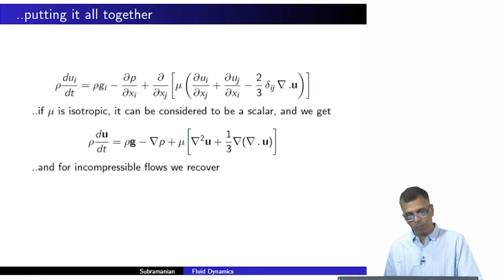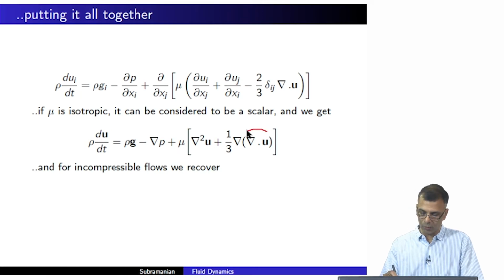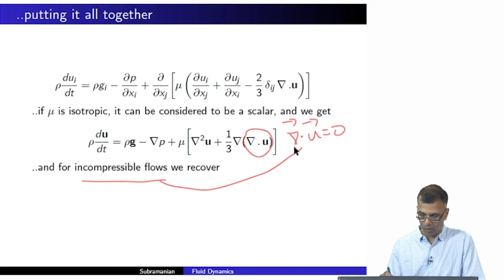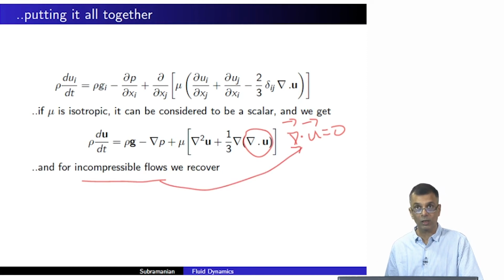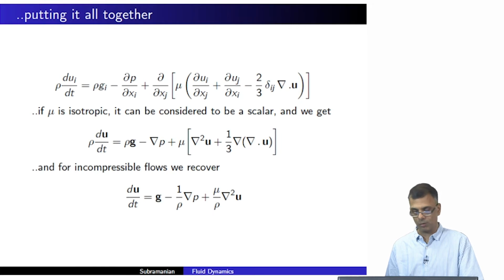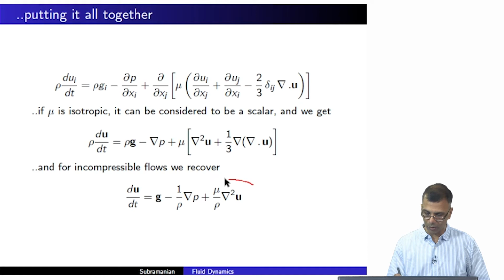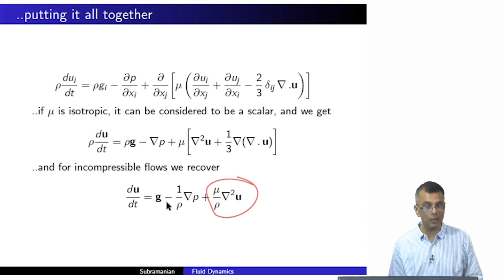And for incompressible flows, for which the divergence of u vanishes, remember, that's what an incompressible flow looks like, you recover this, which is what we'd written down from somewhat more intuitive considerations. And you recall that without this, this is essentially the Euler equation.